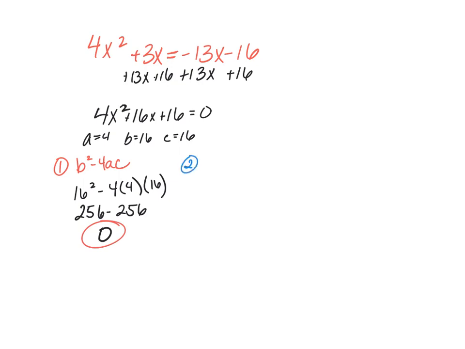Two, how many roots are there if the discriminant is 0? There's one real rational root. And our answer should confirm that. Okay, so once we find the solution, we should only be getting one because our discriminant is 0.